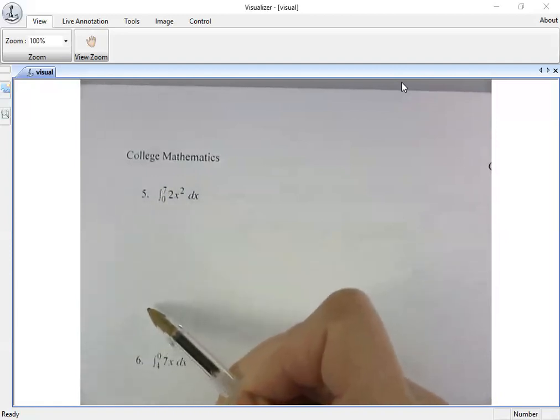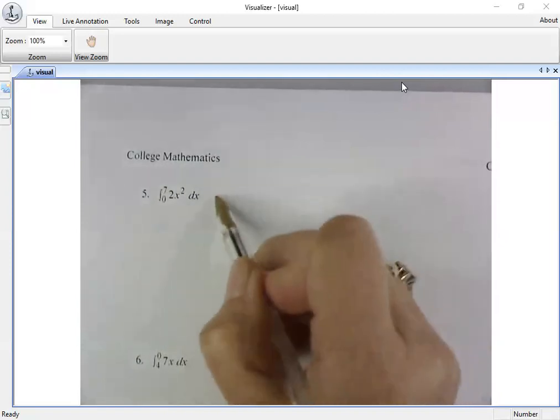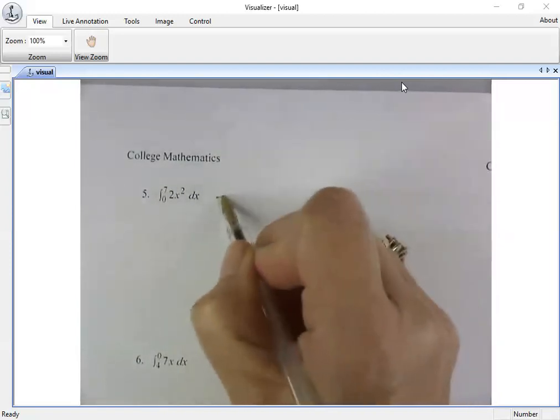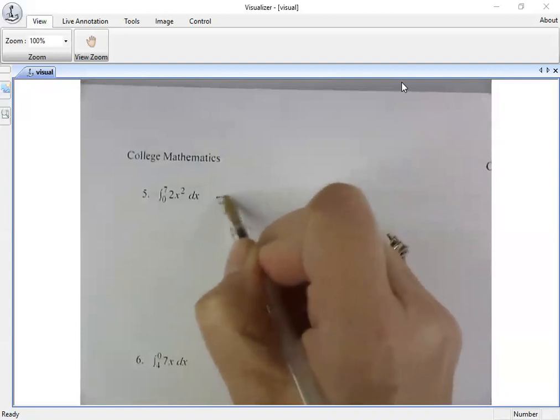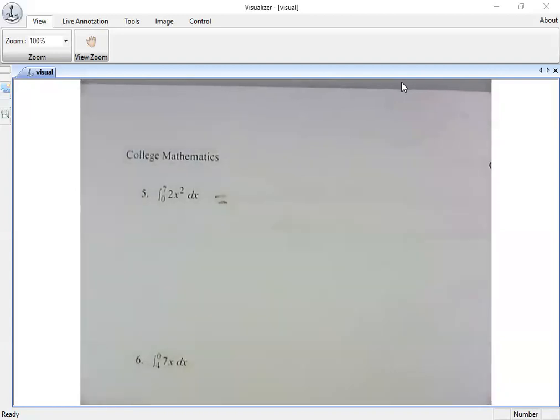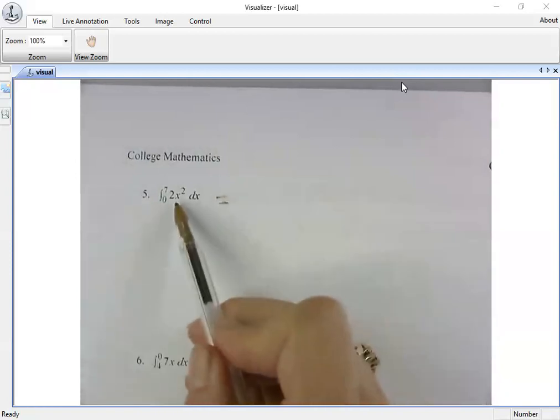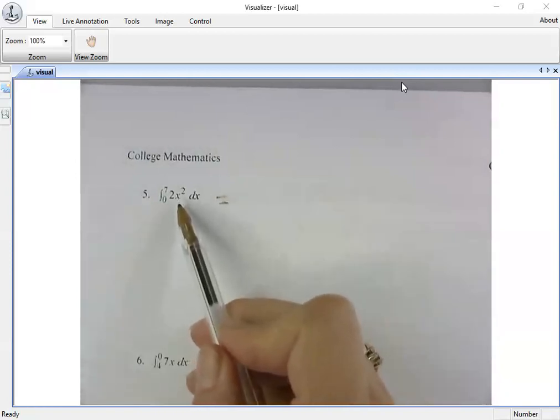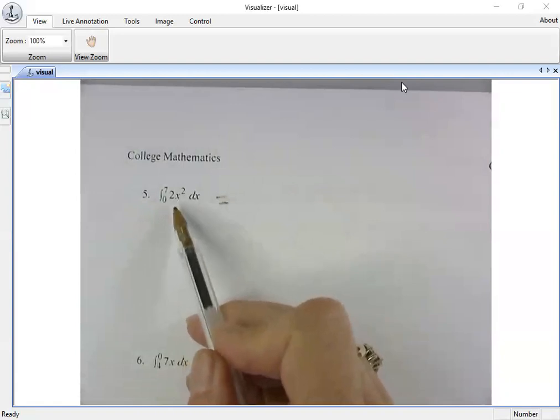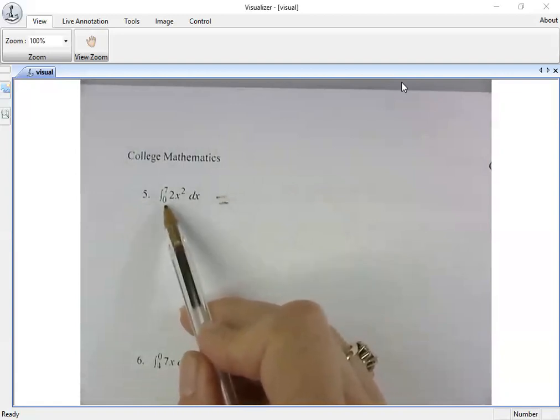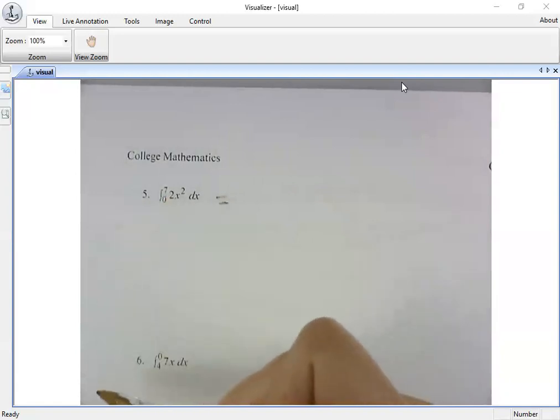So the only thing I'm going to do that's extra is after I integrate this, I will no longer need a plus C. I'm going to actually put in these limits of integration, and I'm going to get an actual number that will represent the area under the curve between this function and the x-axis if I move from 0 to 7 on the x-axis. That's exactly what it means.